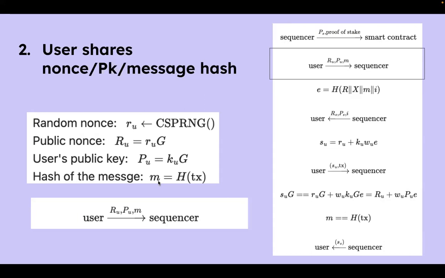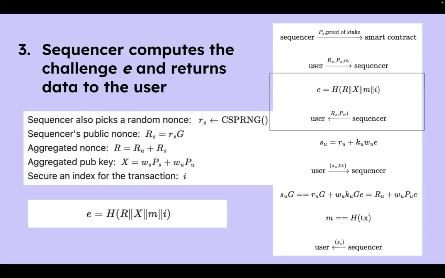The reason why we are only sending the hash of the transaction is to mitigate the MEV as much as possible here. So we do not share the transaction here, and we share the transaction when we submit the partial signature.